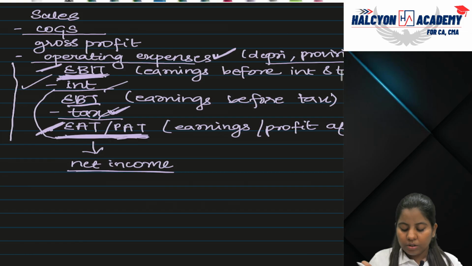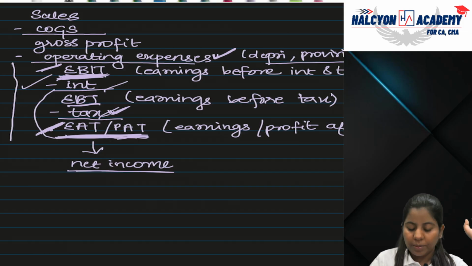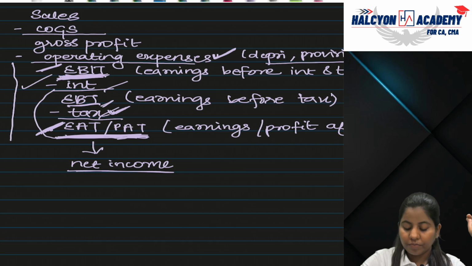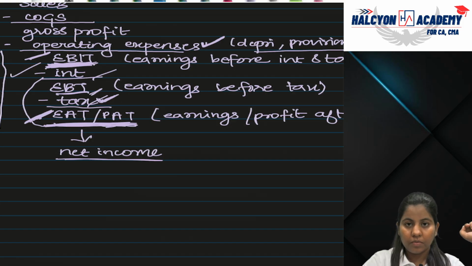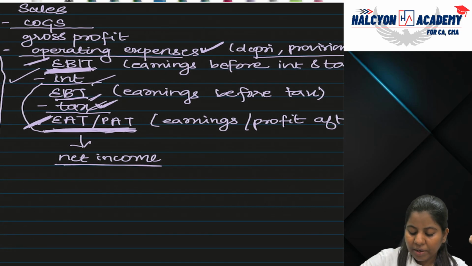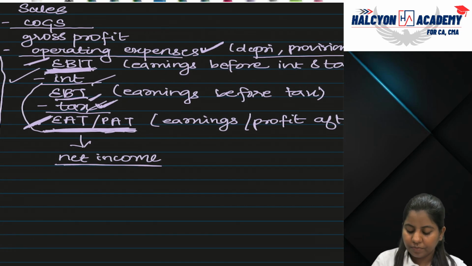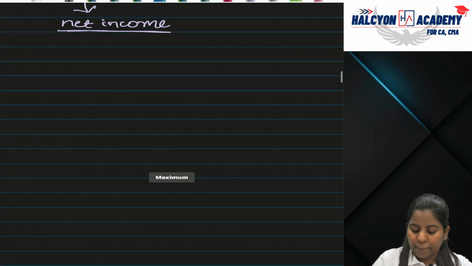So we pay tax on which amount? On EBT. Interest is already deducted, so our income is already lowered. Now we have less income because we have deducted interest from it. On the remaining income, that is EBT, we pay tax.